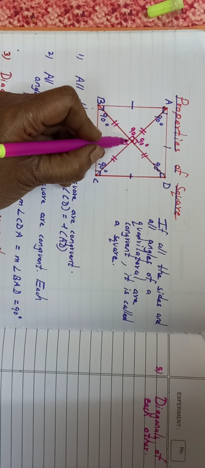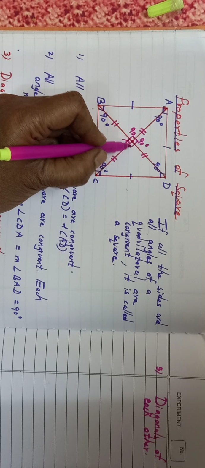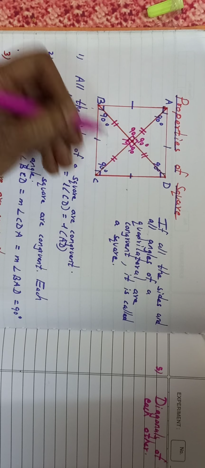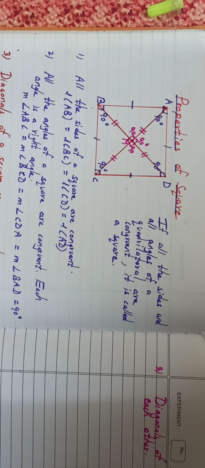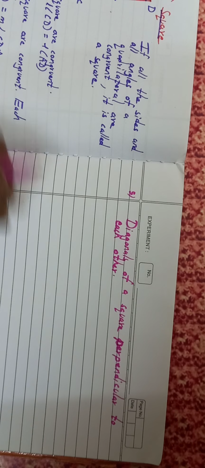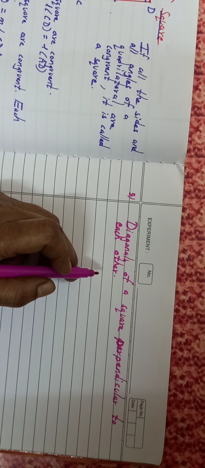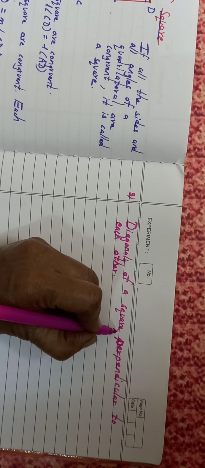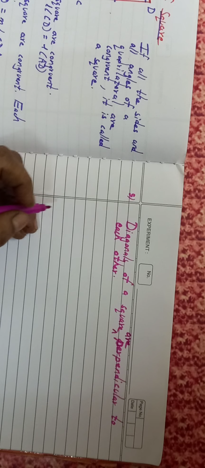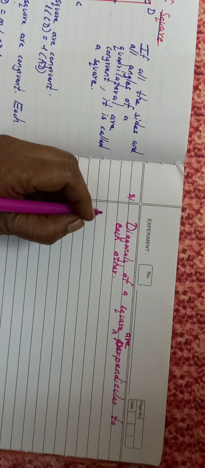So at point M, you will have all 90-degree angles. Okay. So we can write here, diagonals of a square are perpendicular to each other.